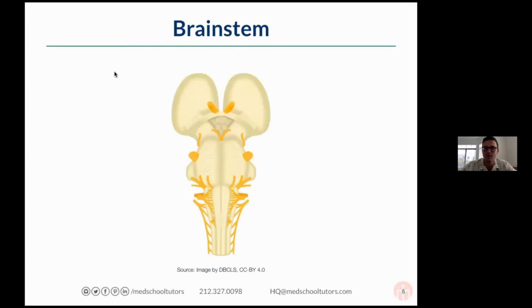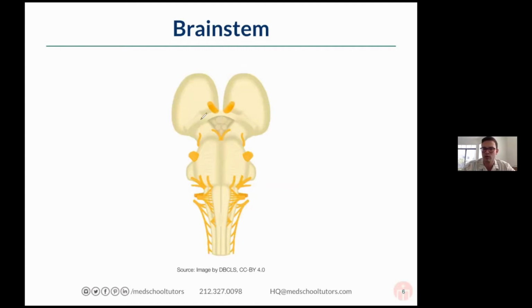The next thing that I would tell you is just get familiar with what the brainstem looks like, right? So we have the midbrain up here, we have the pons here, and then we have the medulla down here. And what we're going to start to do is label, and you're going to be expected to know where all of the cranial nerves leave the brainstem and what they look like.